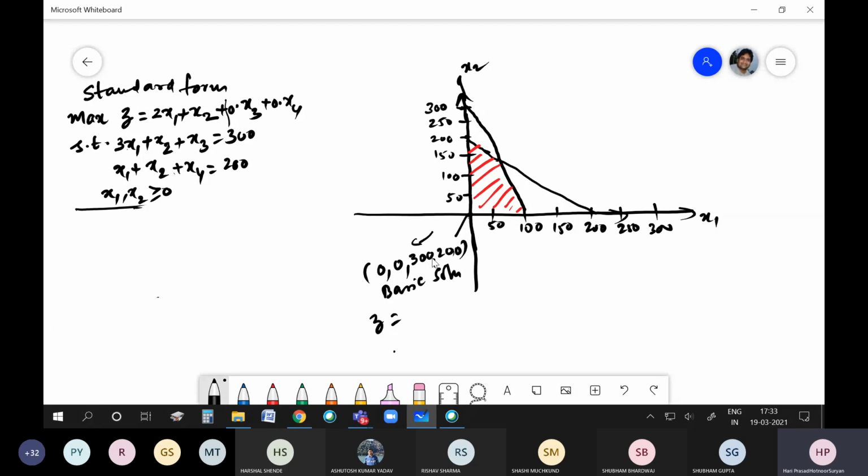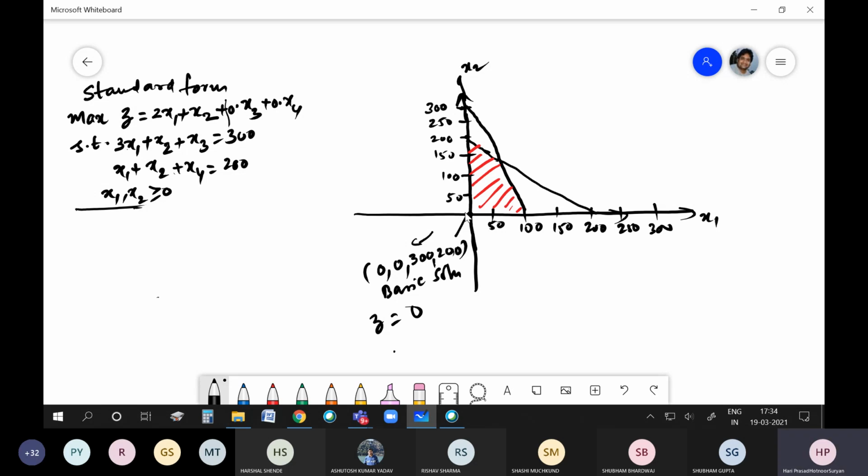Okay, so this is the basic solution, and the objective function value is how much here? When you substitute these values in the objective function here, z is 0, because 2 times 0 plus 0 times x3 is 300, but even then, because we are multiplying, z is equal to 0. So we start with this.